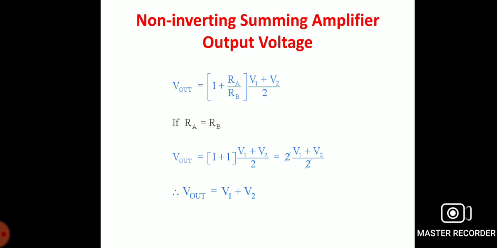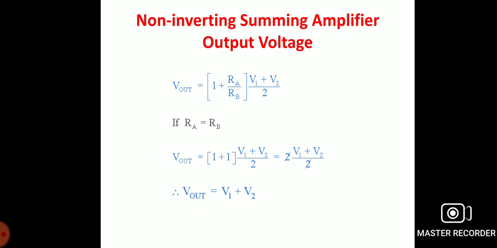Now this is the standard equation for the voltage gain of a non-inverting summing amplifier circuit. The voltage gain is equal to output voltage divided by input voltage, which is 1 plus RA divided by RB. So finally the output voltage of the non-inverting summing amplifier is 1 plus RA divided by RB times the non-inverting voltage, the common non-inverting voltage V plus.